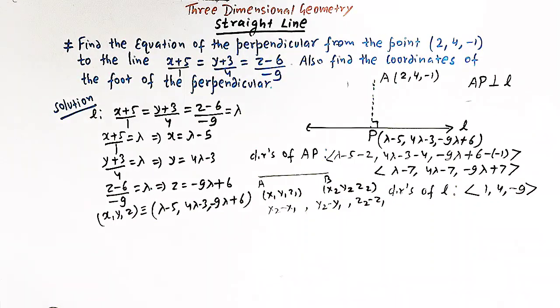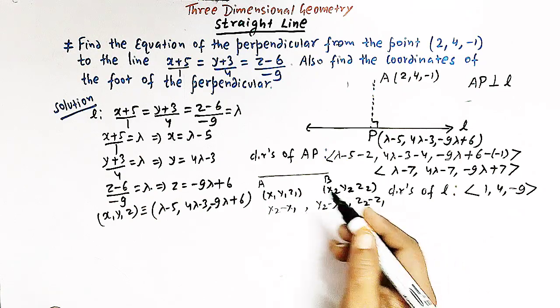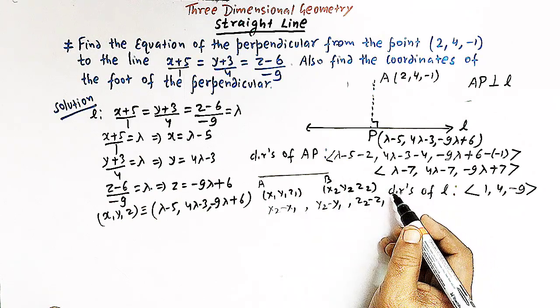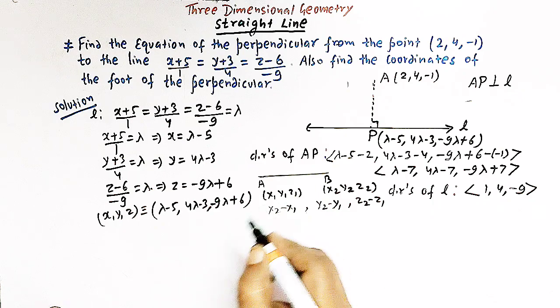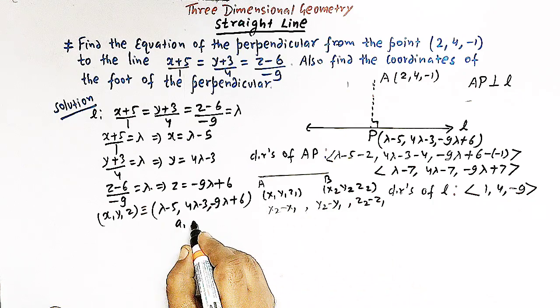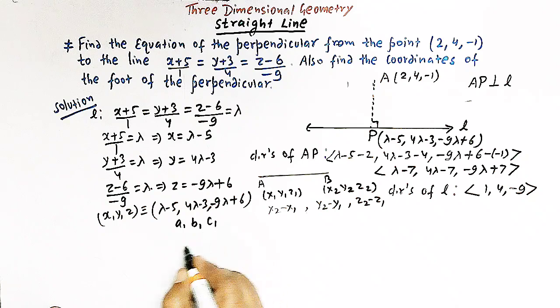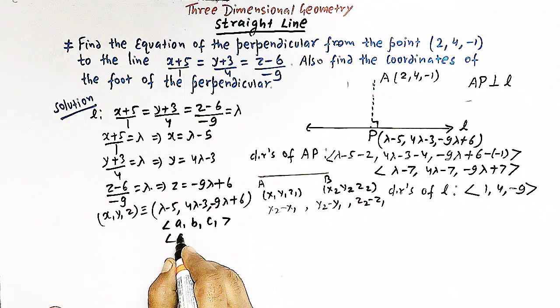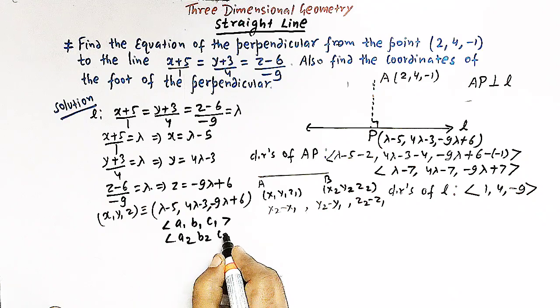So now let us apply the concept of perpendicularity of two lines, right? Suppose two lines are perpendicular and their direction ratios are a1, b1, c1, and a2, b2, c2.